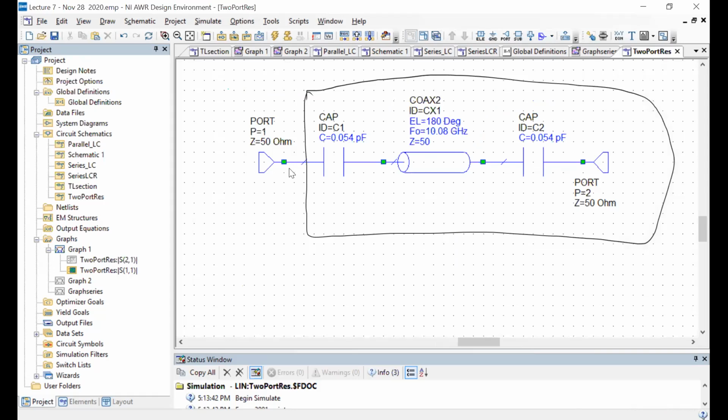Remember, this is the reflection coefficient at this point. What this means is that this entire circuit inside the black box is equivalent to 50 ohms at resonance. Not everywhere else, only at that frequency does this look like 50 ohms. It cannot be anything else. It has to be a pure 50 ohms on resonance at this particular point, because only then can you have a reflection coefficient of 0.